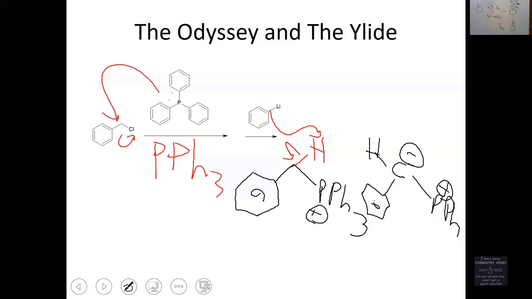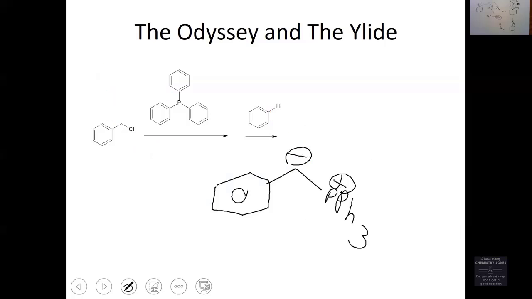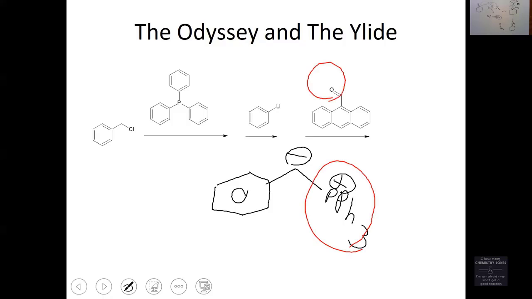That is my ylide. Well, let me clear off the screen so you can see it a little better. So there's my ylide, a little more clearly than it was previously. And I add a carbonyl containing compound. The big picture of what happens in the Wittig reaction, the PPh3 runs away with the O, and the carbons that each of those were connected to run away together.